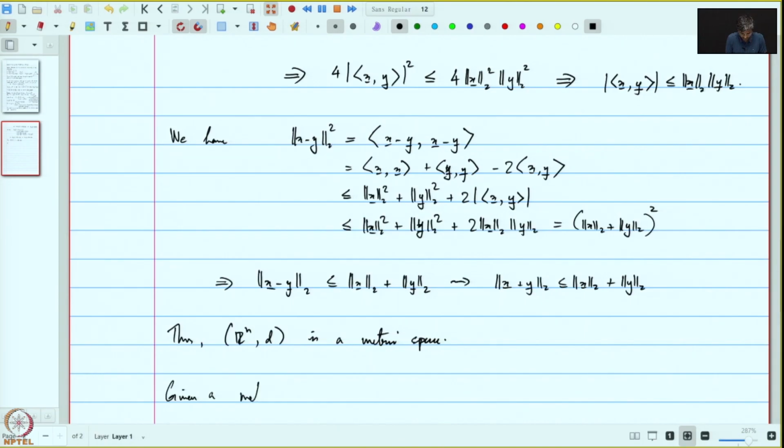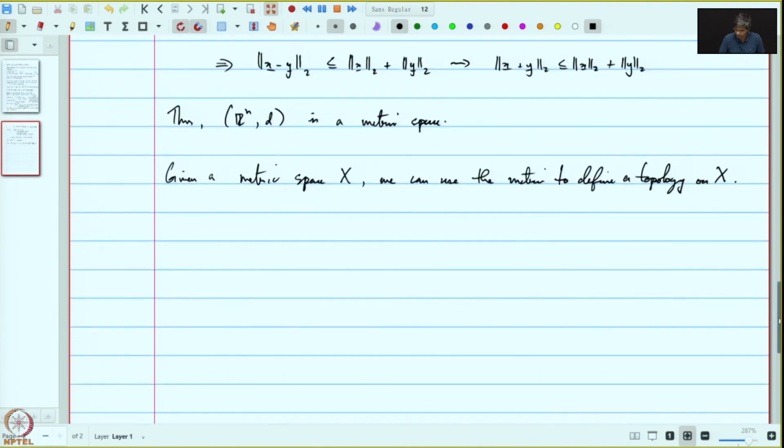So given a metric space X, we can use the metric to define a topology on X. For that, for x in X and epsilon positive, define the open ball of radius epsilon around x as follows.